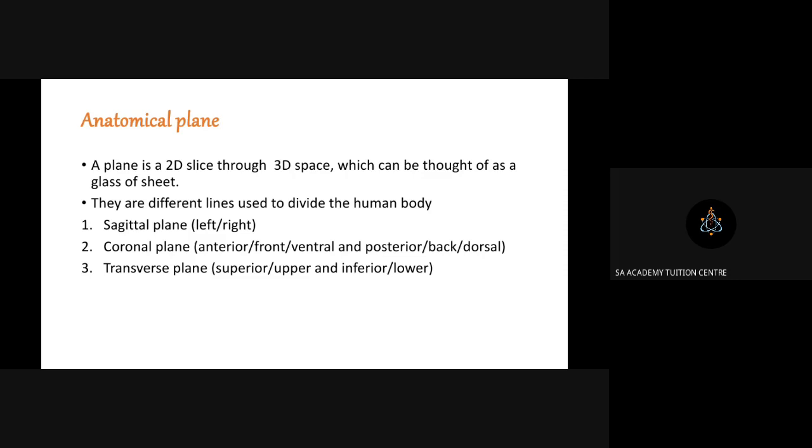So there are three different types of planes that we will encounter in anatomy this year. The first one is sagittal, then coronal, and then the transverse plane. The sagittal plane divides the body into left and right. There are many sagittal planes, and they divide the body into left and right.